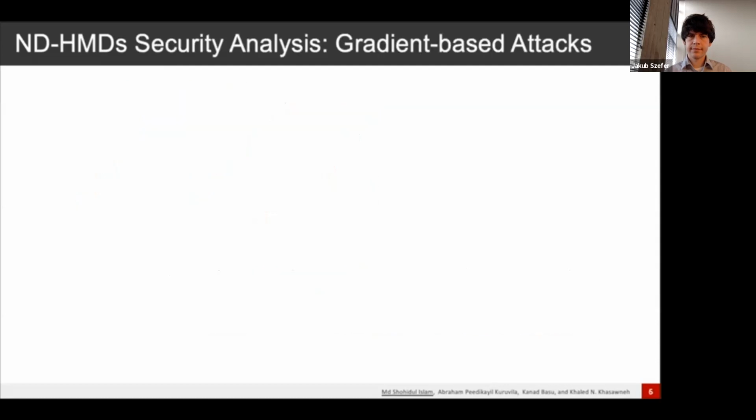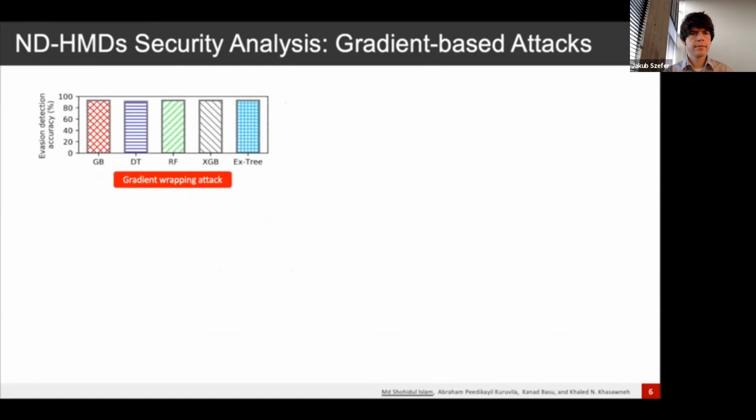Now, I will present the robustness of ND-HMDs against evasion attacks. Starting with gradient-based attacks, the detection accuracy ranges from 91% to 93% for the gradient wrapping attack.